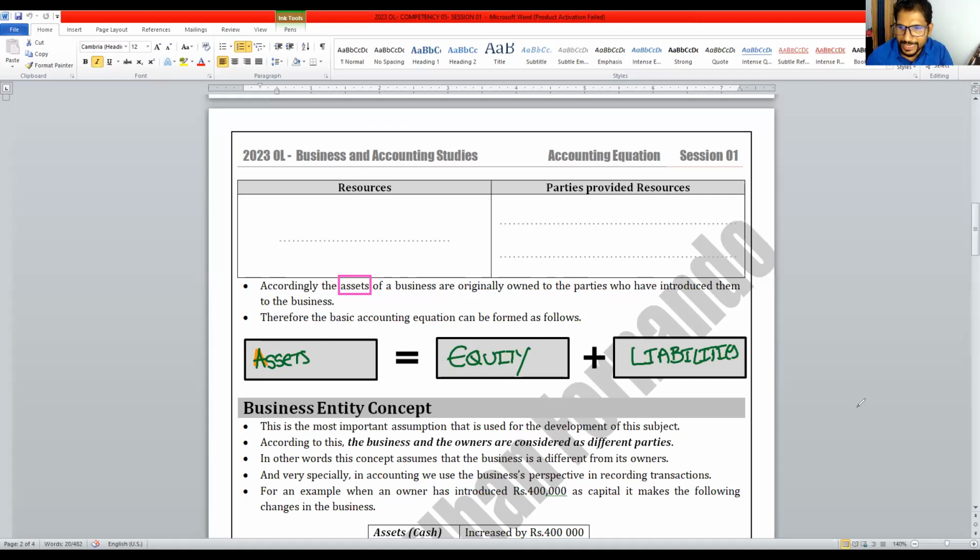This is what you call the basic accounting equation. Highlight that as well. What is the basic accounting equation? Assets equals equity plus liabilities.